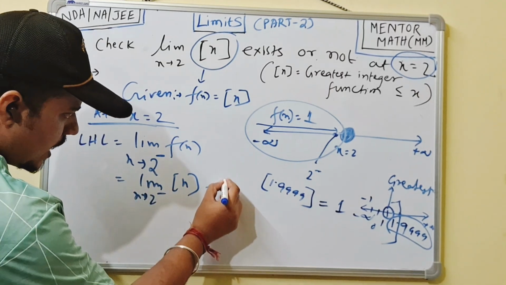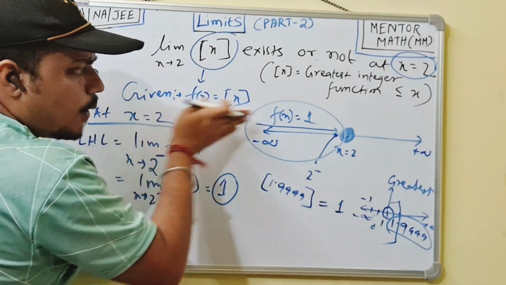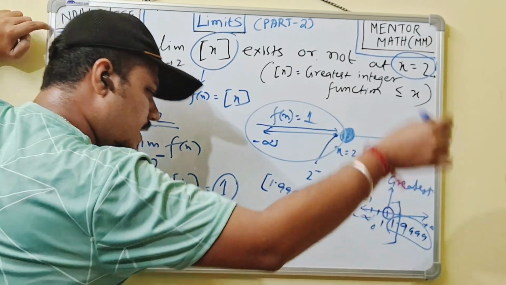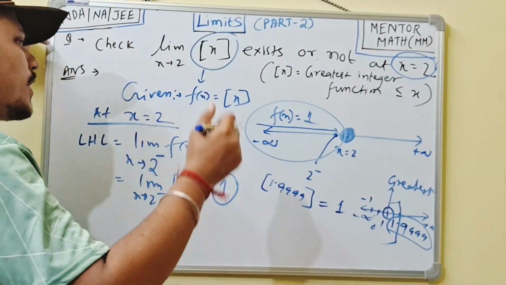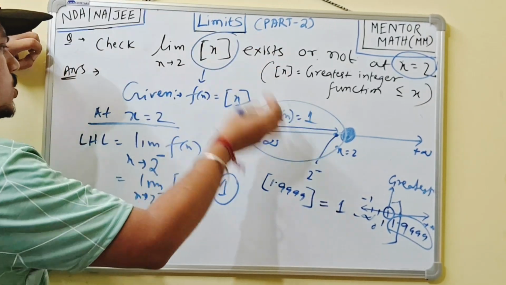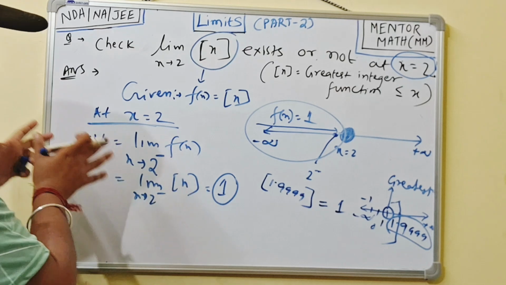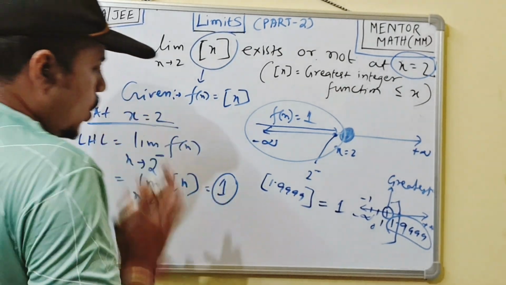So directly you can write 1. Whatever close value you take from the left side, 1.99999, 1.9, 1.98, box of that value gives 1. So the limiting value at that point is equal to 1.